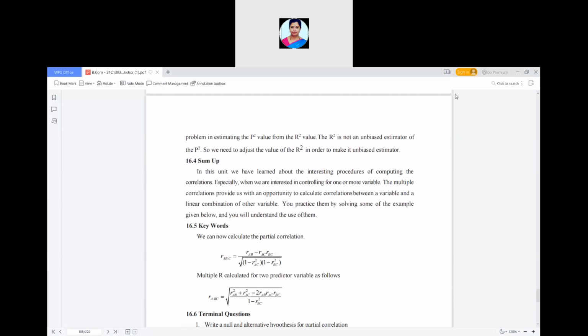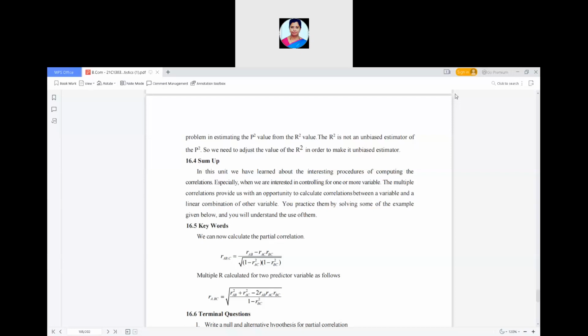So here we will sum up what we have seen: partial correlation and multiple correlation. When more than two variables, three to four variables or more, are correlated, we have this under multiple correlation.